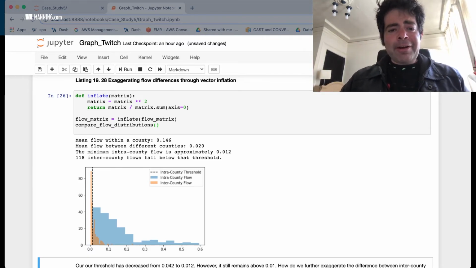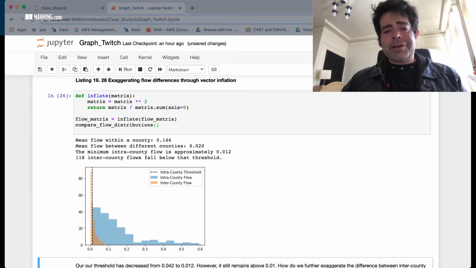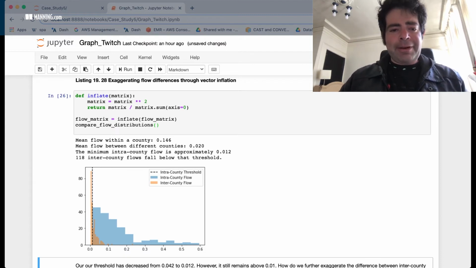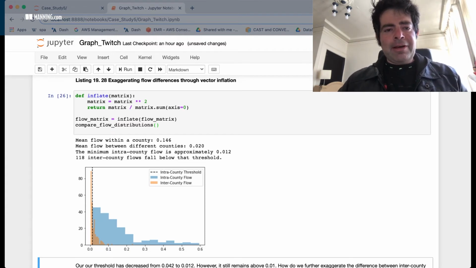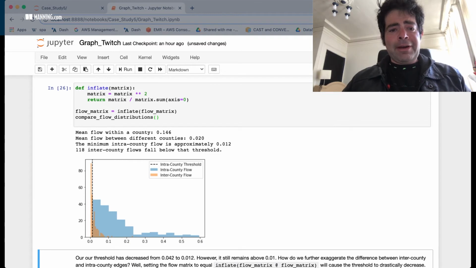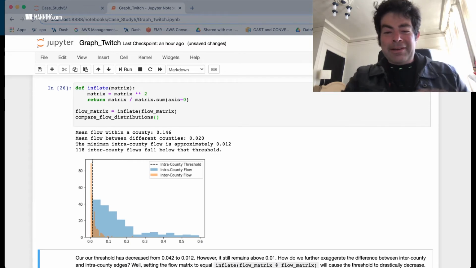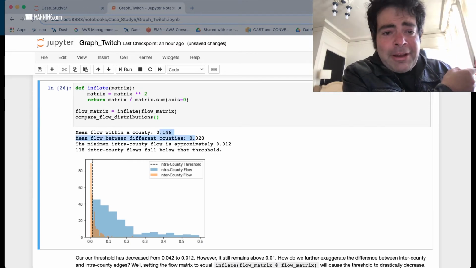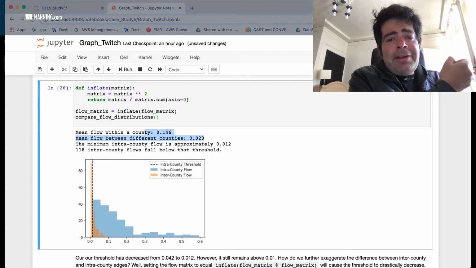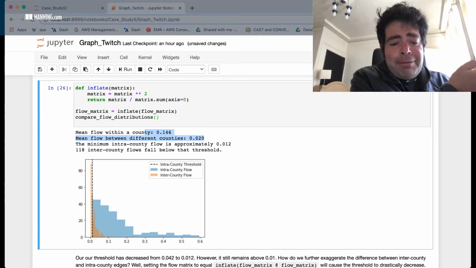It worked. The beige histogram of flows between towns in different counties is now way more to the left. If you look at this mean output, there is now a 7-fold difference between the flows of towns in the same county and flows of towns in different counties.